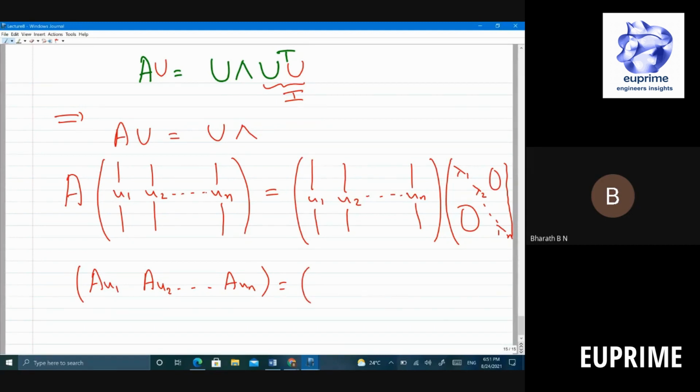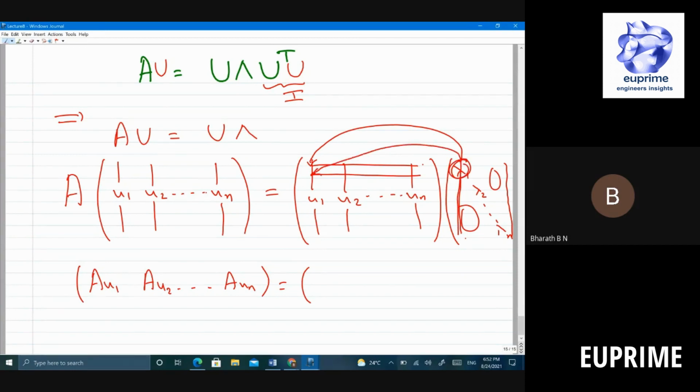So what is the first column on the right hand side? How do I write the first column? When I multiply this by the first column here, lambda 1 gets multiplied with the first entry. If I want the second entry of the first column, I take this and multiply by this, and lambda 1 again gets multiplied by the second entry here.